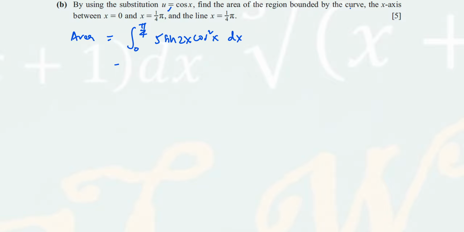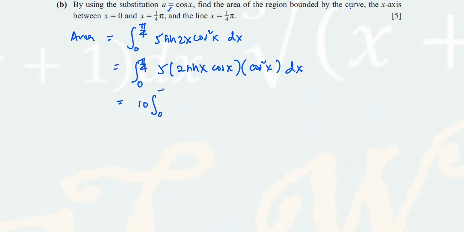Okay, then from here, we need to integrate sine 2x and cos square x. So I change the 2x into x first. So which means it will be 2 sine x cos x and then cos square x dx. So from here, you will be getting 10 integrate 0 to 1 over 4 pi, sine x, the cos power 2, cos power 3.